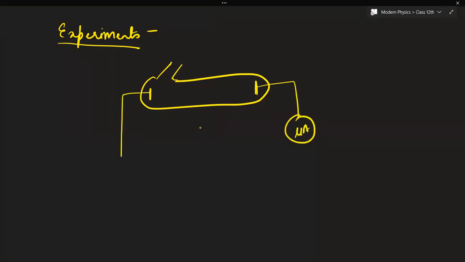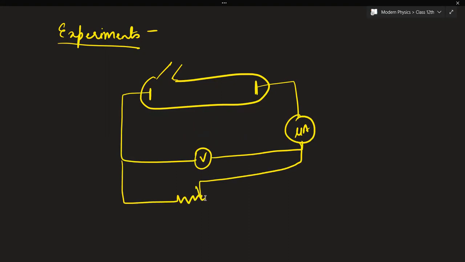A voltmeter was also connected just to regulate the voltages, and a rheostat to regulate current, a key and everything. This setup was there. I'm not drawing everything. So cathode, anode, electrons are there. As soon as the light ray strikes this, the electrons move towards the anode. So what was observed? Proper conduction was observed.